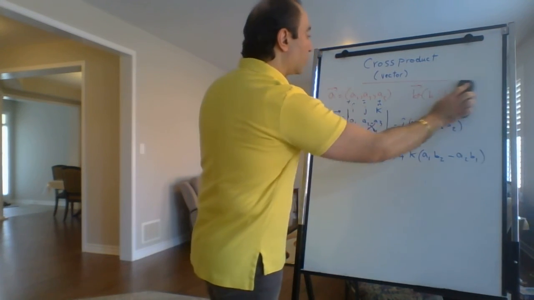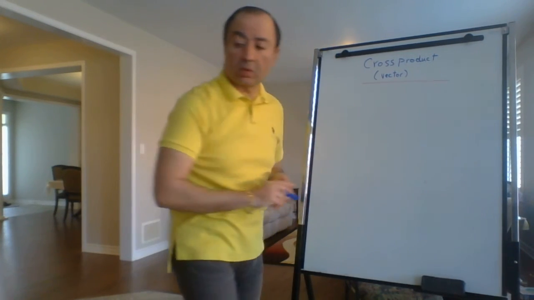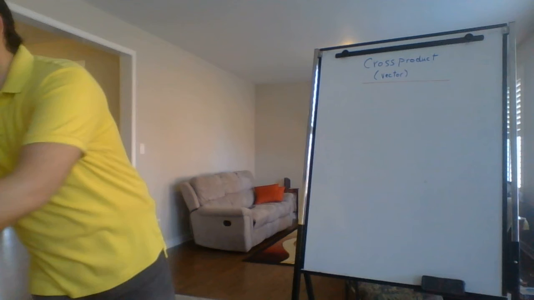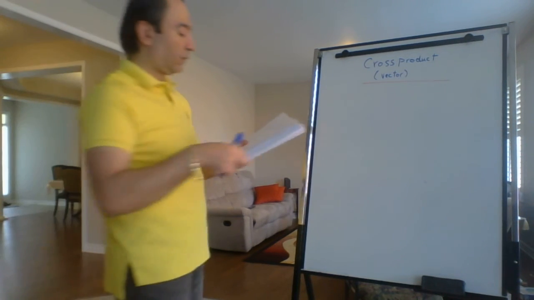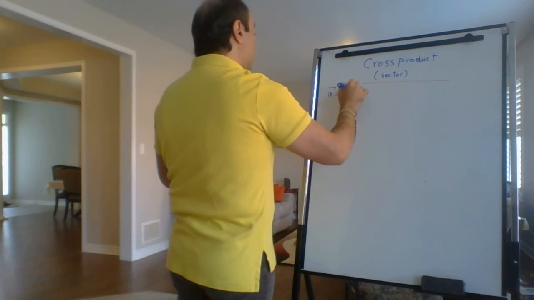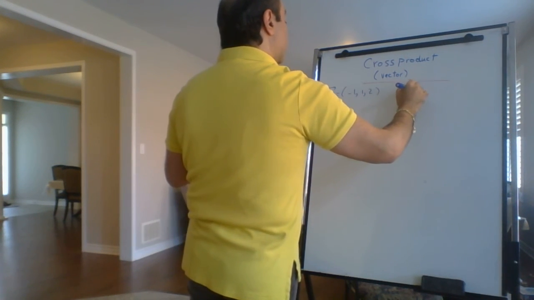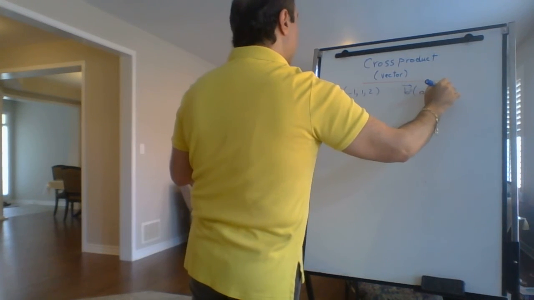So now I'm going to give you an example of how to do the cross product. So let's say vector A is negative 1, 1, and 2. Vector B is 0, 3, and 1.